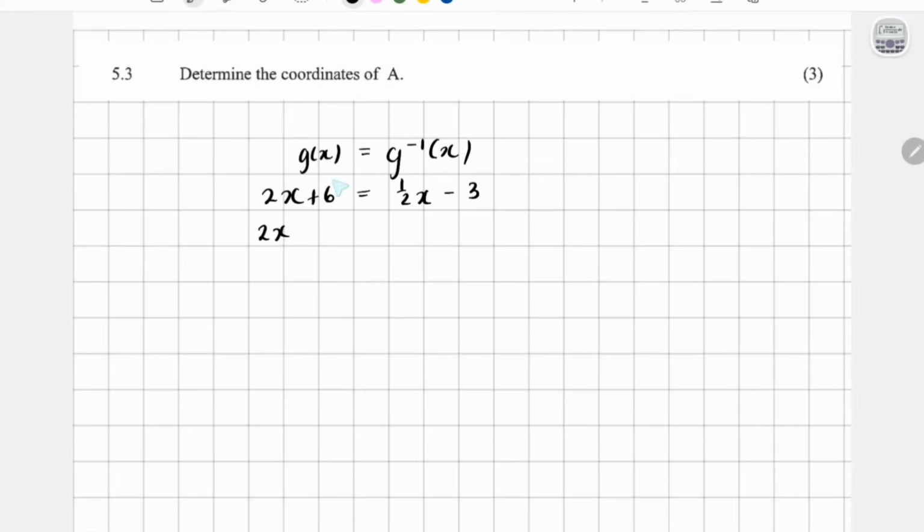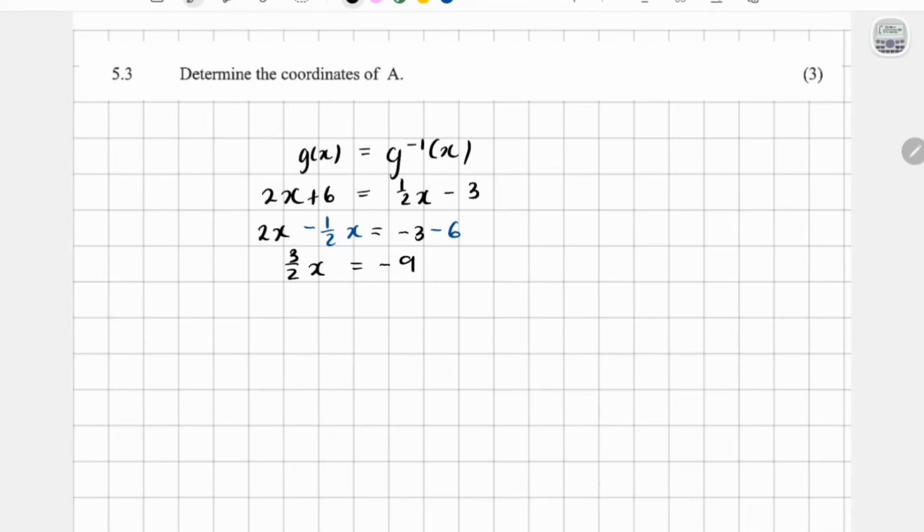So we have 2x, and I'm taking that x over, which becomes a negative a half x, is equal to, and we have negative 3 still on this side, and we're taking the 6 over, and that becomes a negative 6. So 2 minus a half is going to give you 3 over 2, okay, because that is 1.5. 2, just take away a half. Okay, so 3 over 2x is equal to, and then we have negative 9.